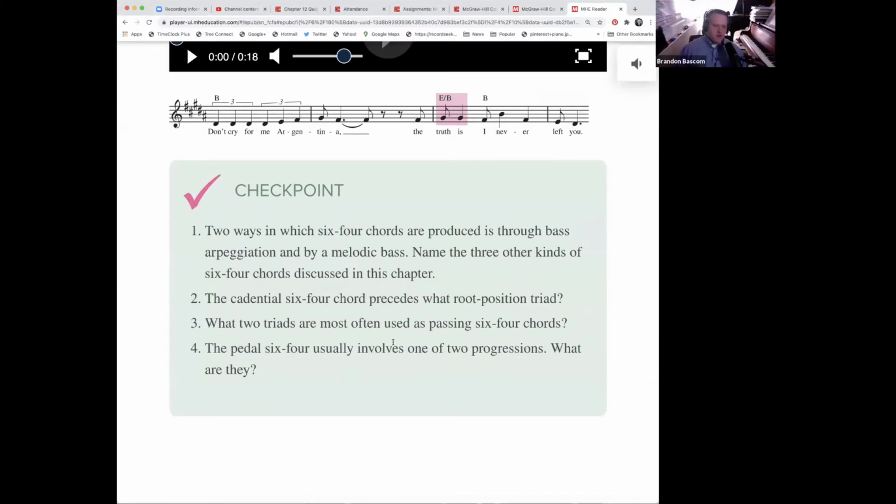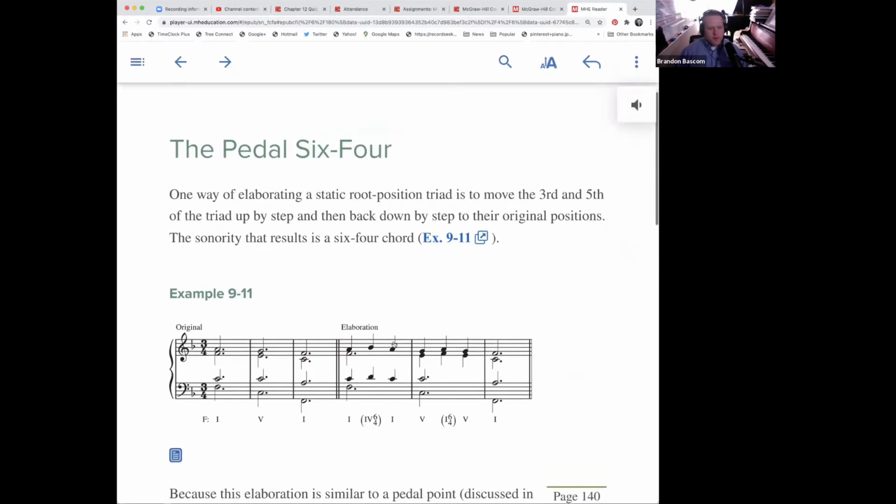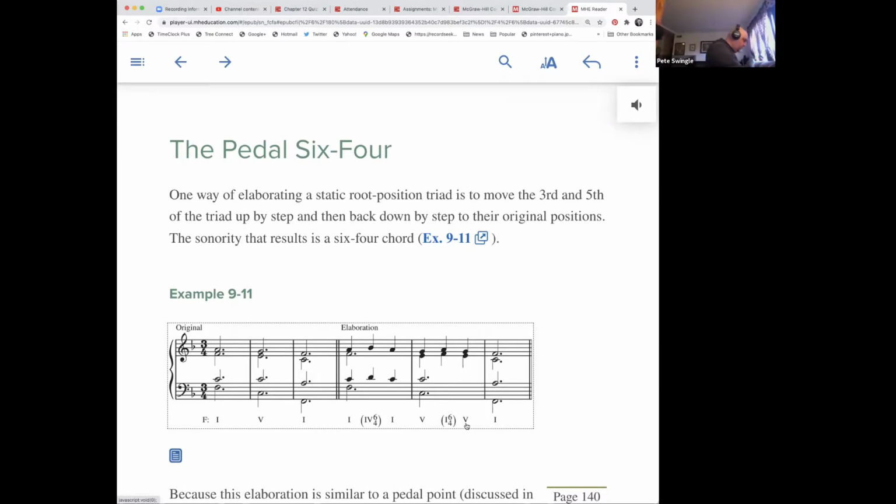The pedal 6/4 usually involves one of two progressions. What are they? 1 to 4 6/4 to 1, and 5 to 1 6/4 to 5. Yep. All right.